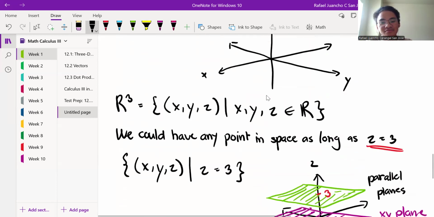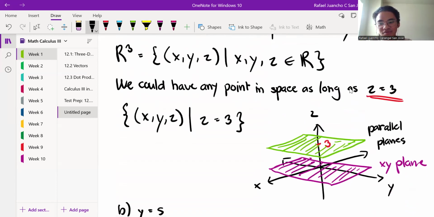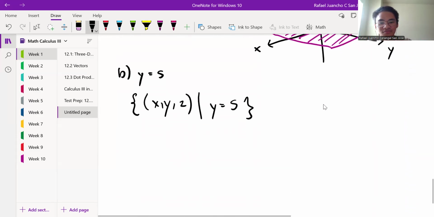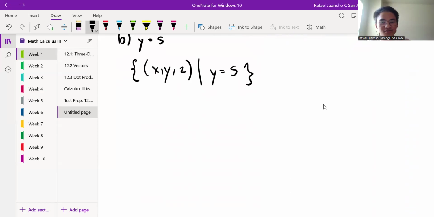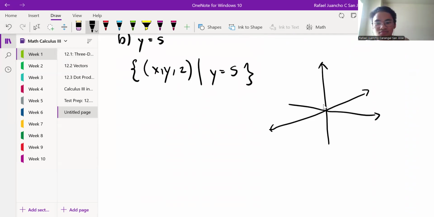Right? So same idea. We could have any point in space as long as y is 5. So what's a good representation of the surface? Well, it's when y is 5.